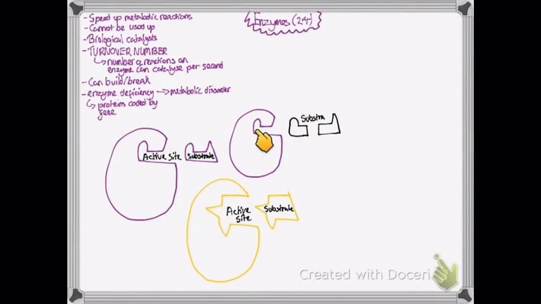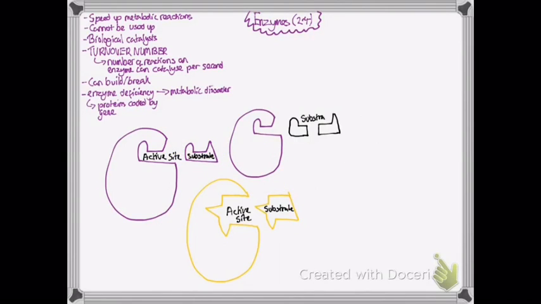As I've said, enzymes can break down and build up. When they're breaking down, one substrate comes in, it's broken down, and it'll end up being two like that. When we're talking about building up, we usually have two substrates that temporarily bind together and join to form one large product molecule.